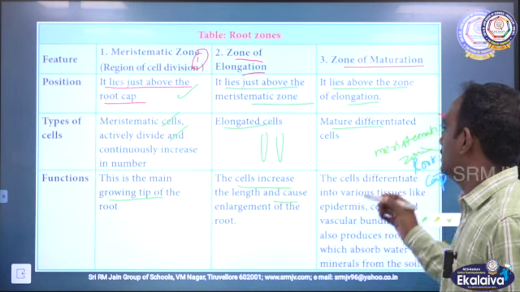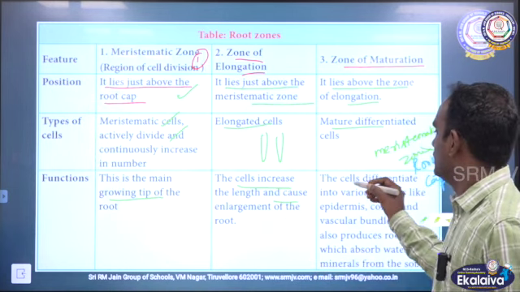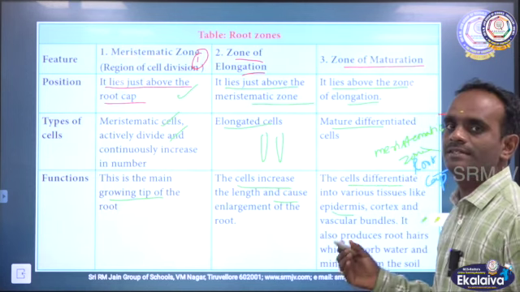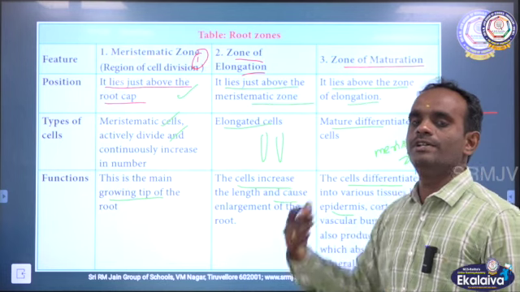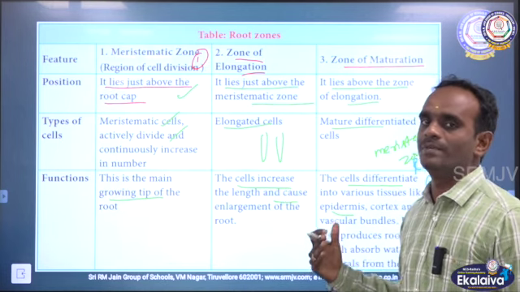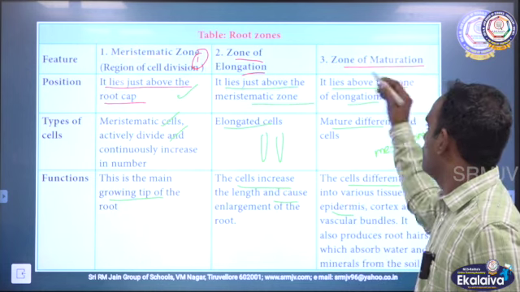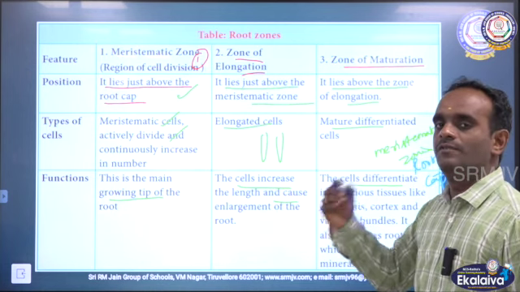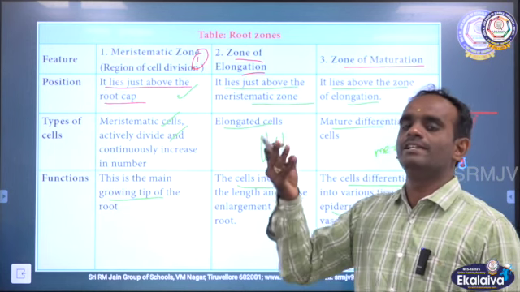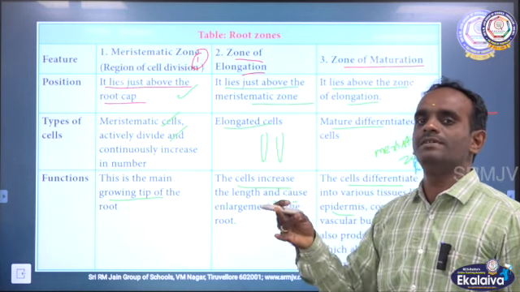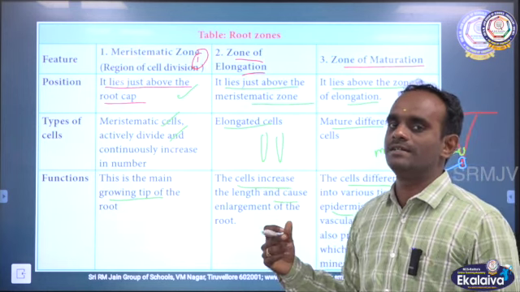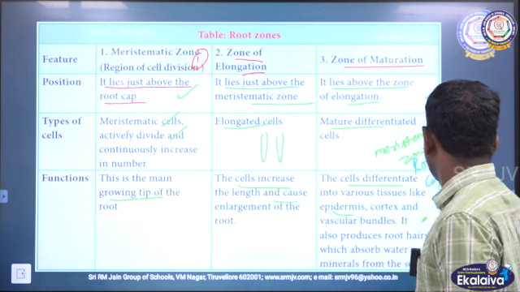The third one, zone of maturation, the cells differentiate into various tissues like epidermis, cortex, endodermis, pericycle, pith, xylem and phloem. So, in the zone of maturation, the cells differentiate into different parts, epidermis and then cortex, hypodermis, endodermis, pericycle, pith and vascular bundles. Clear children?